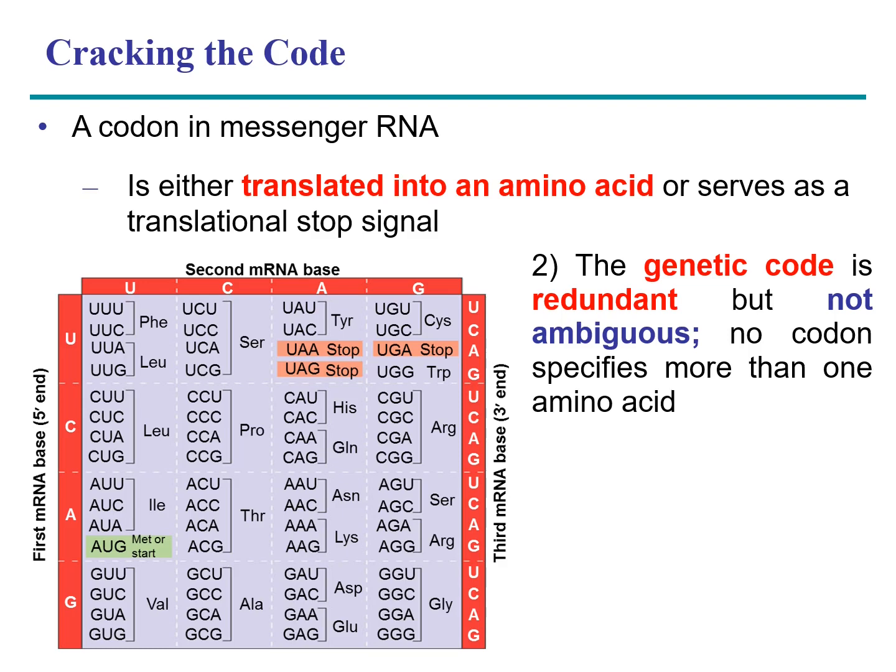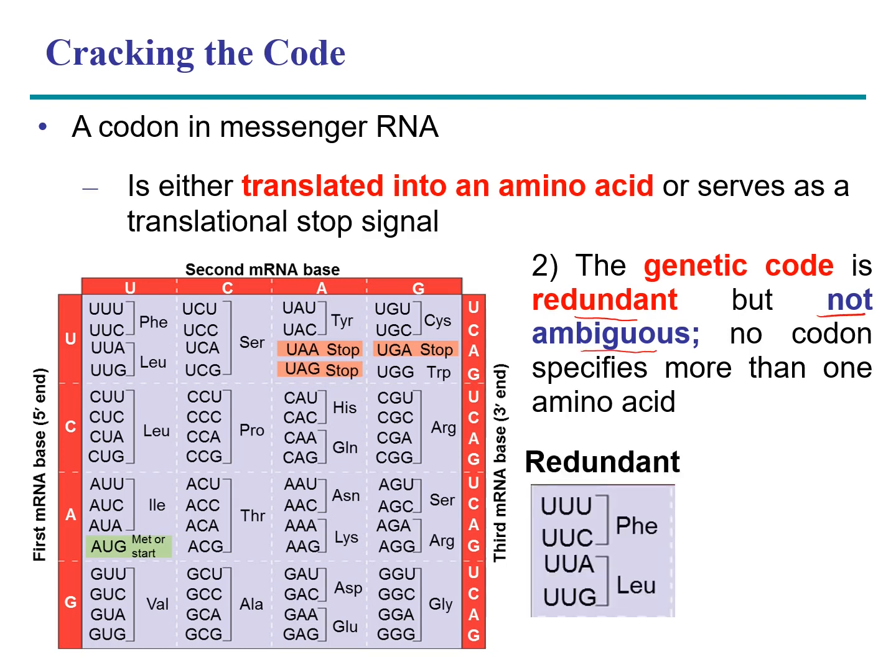Now I want to explain in more detail what is the difference between redundant and not ambiguous. So here is an example in which you can see that the genetic code is redundant because you have 2 codons that encode the same amino acid, and here you have another example.